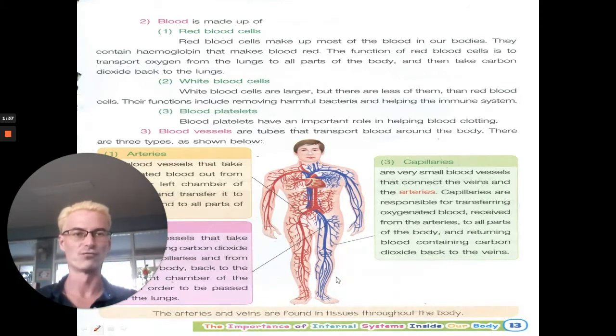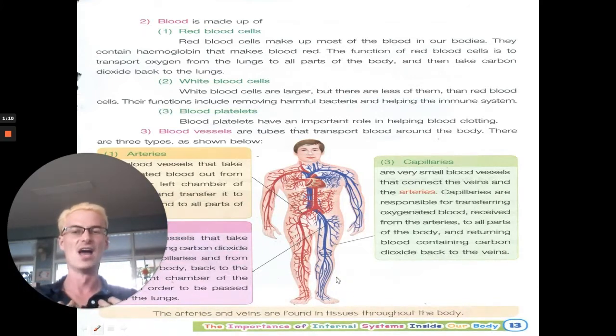And the function of red blood cells is to transport oxygen, which we breathe in. Red blood cells take the oxygen and transfer it all over the body to different parts of our body.